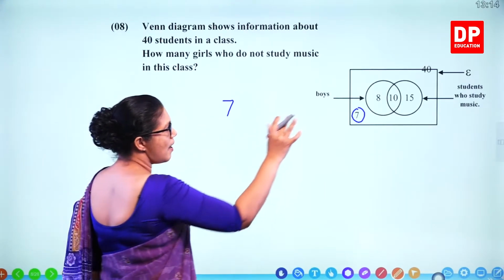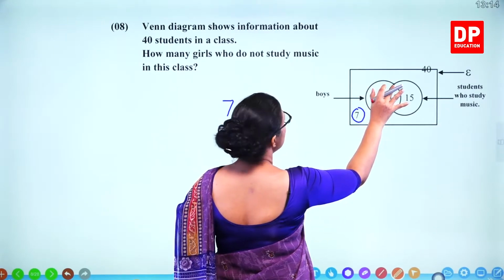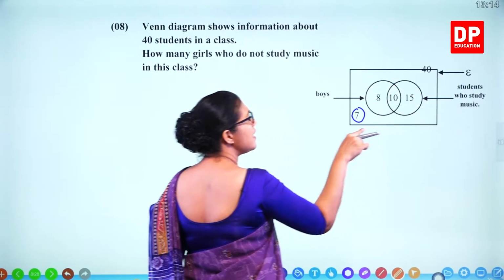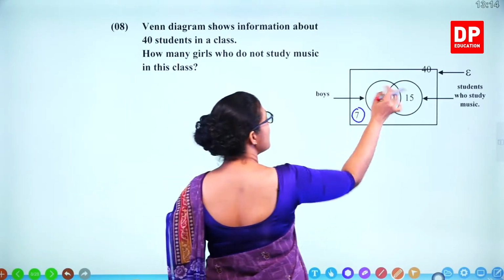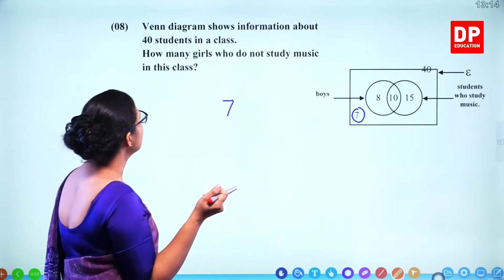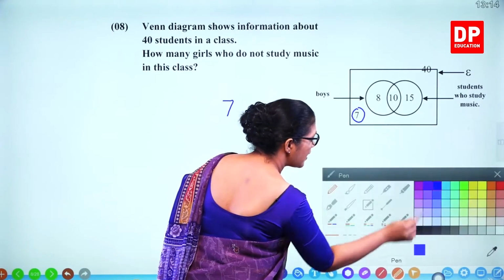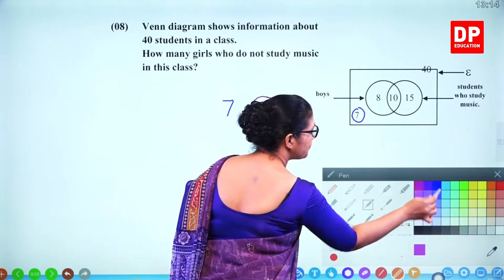So again, boys' circle is this. Outside boys' circle is girls. This one, 15, is studying. Girls who study music. Girls who do not study music is outside that circle as well. That's 7. So identifying correctly, you get 2 marks with the correct answer.